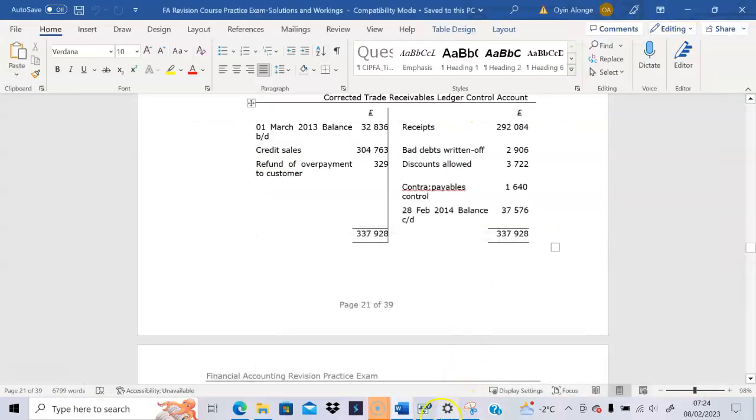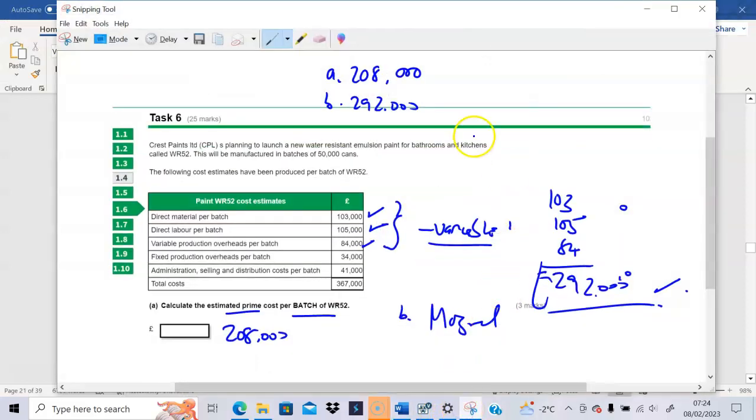So what do I have? All right, let's just come back here. So that's now me having my 292, and I add 34 to that. So 292 plus 34 gives me 326,000, right? And that's that. So that's the full absorption cost.